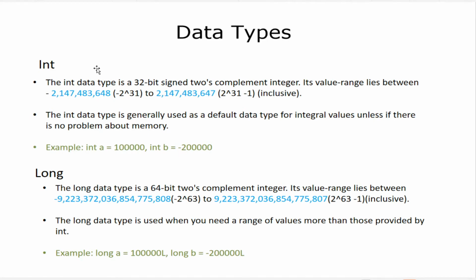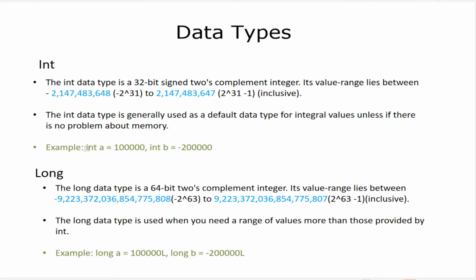So integer, abbreviated to int. The int data type is a 32-bit signed 2's complement integer. So the value is much larger now. It is 2 power of 31 to 2 power of 31 minus 1 inclusive. So the range is much bigger. So usually programmers use this.